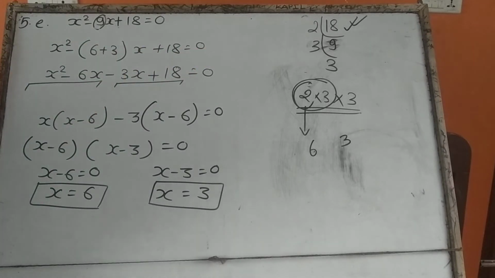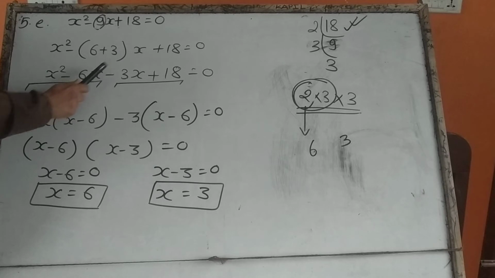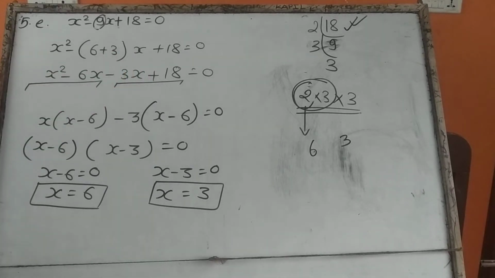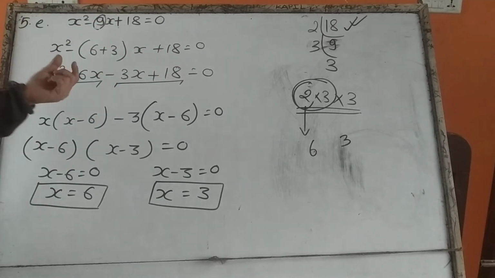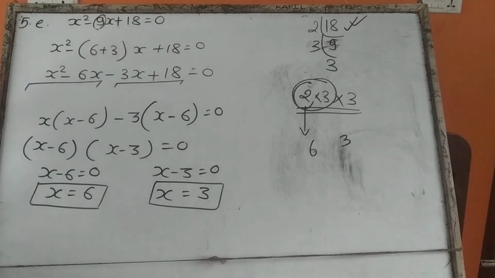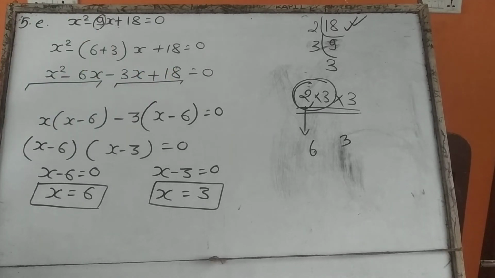Here it was only three terms, and now we are able to break it into four terms. So now there are four terms. We are going to take common factors on the first two and the second two. So for the first two, x square minus 6x, what is common?